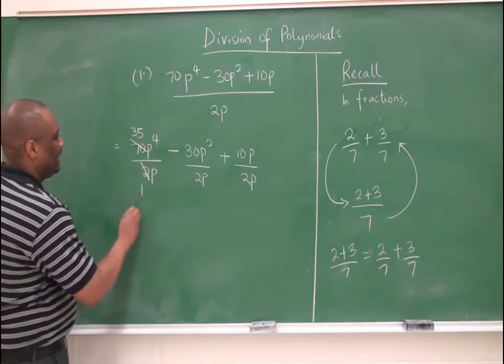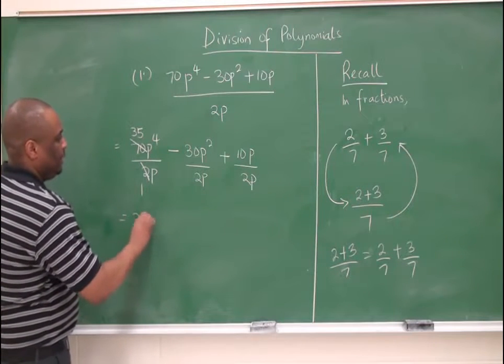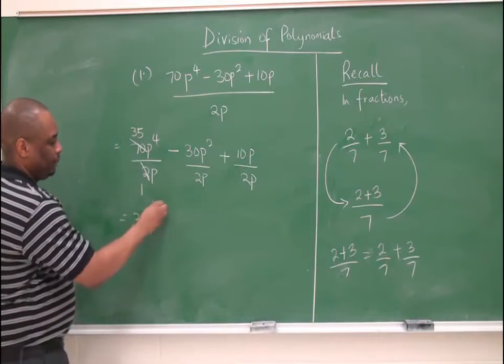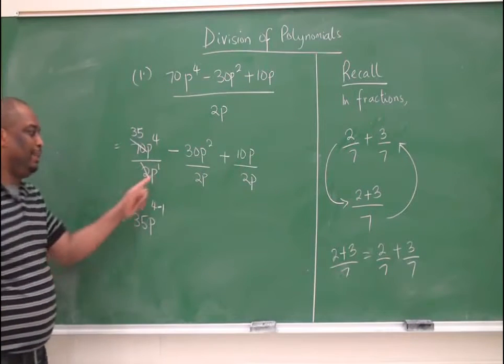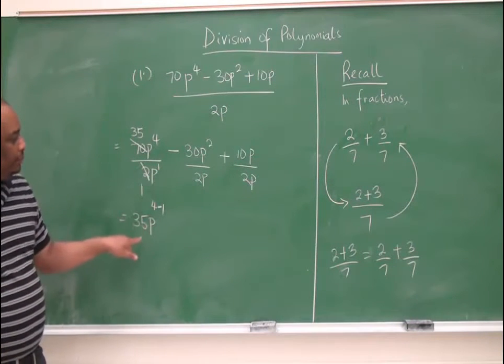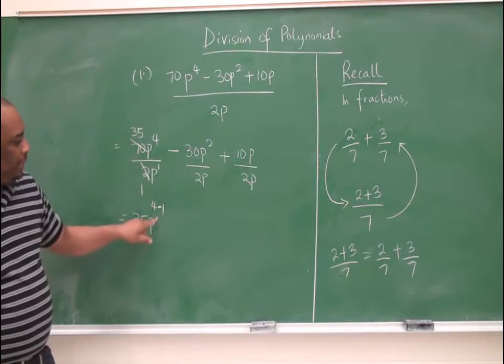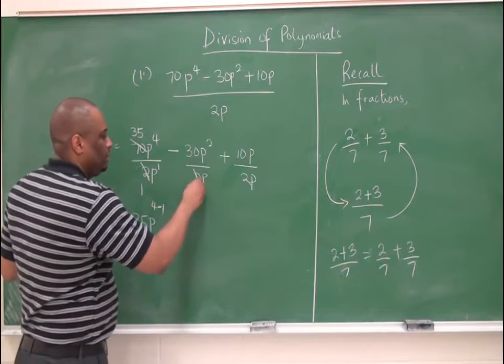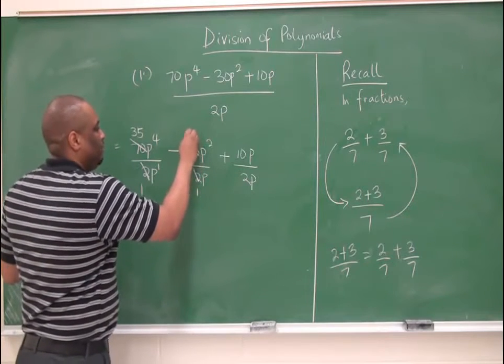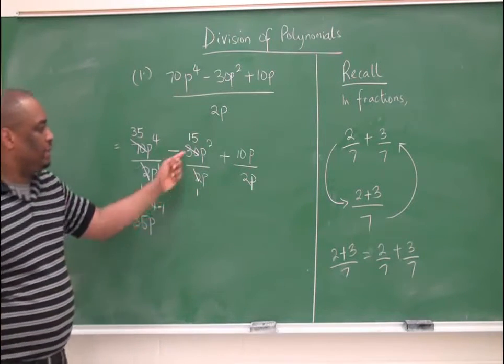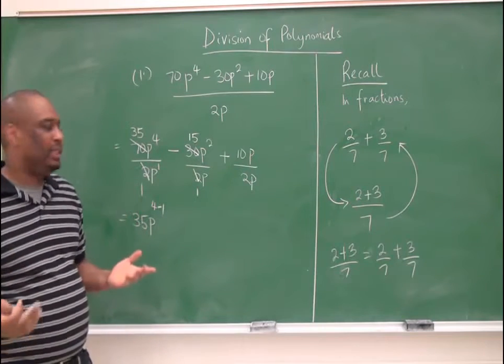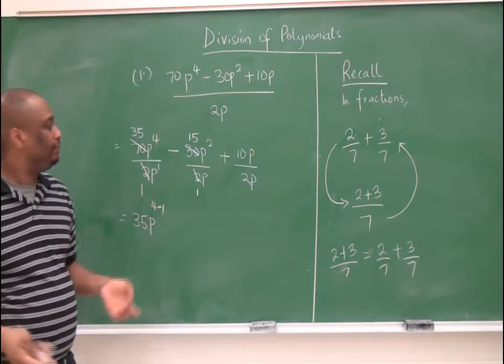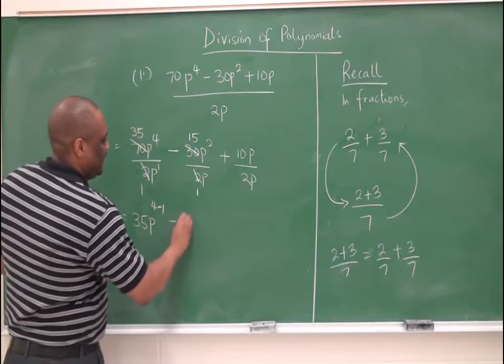So this will be 35p^(4-1), because p is like p raised to power 1. Then 30 divided by 2 is 15, so this is minus 15.